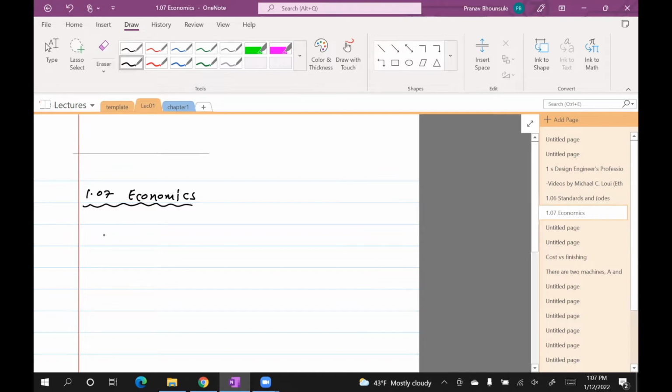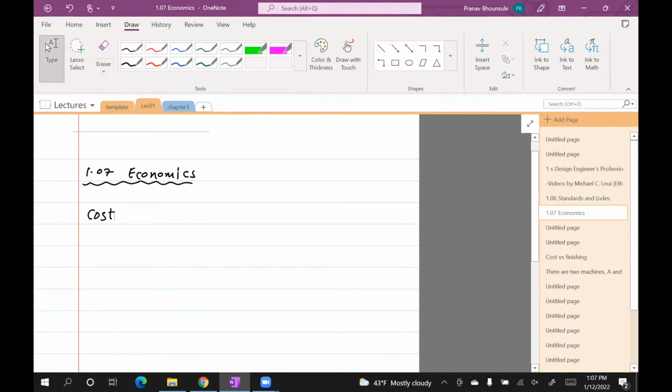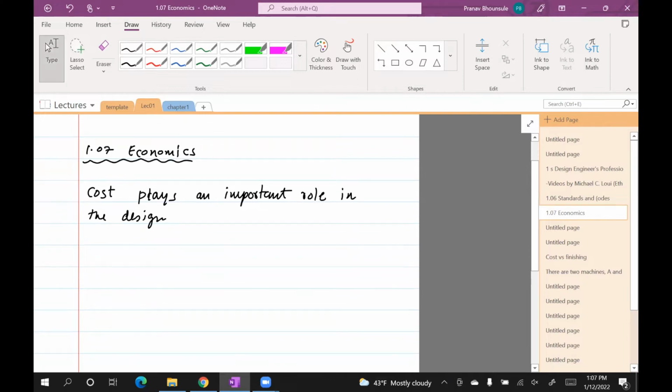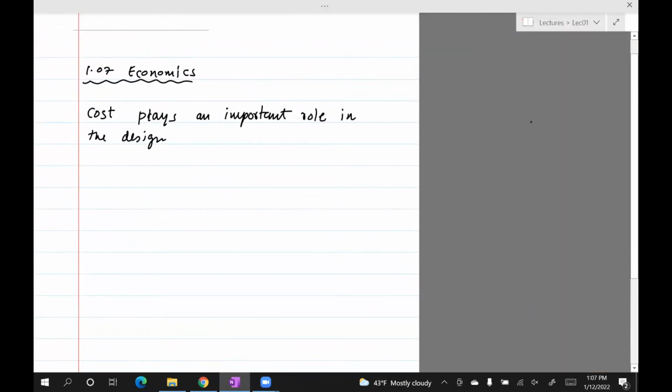So cost plays a very important role in all kinds of design, because you need to have people whom you need to pay, or sometimes you also need to buy equipment or upgrade equipment, and cost varies with the location, material, and labor.